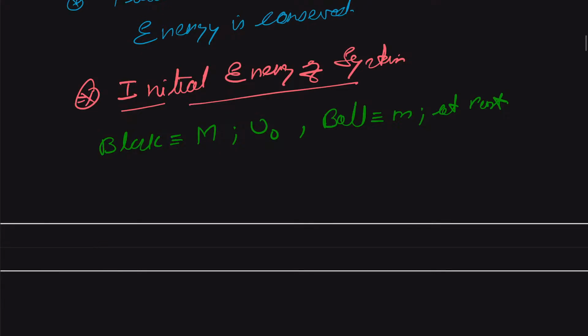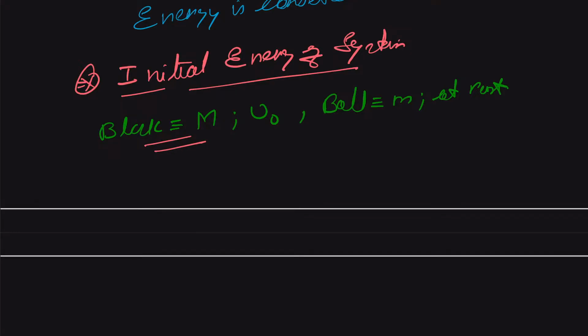So the initial energy of the system will be the energy associated with the block only. Therefore you can write that the total initial kinetic energy, let us call this E_I, will be equal to half M v naught square.